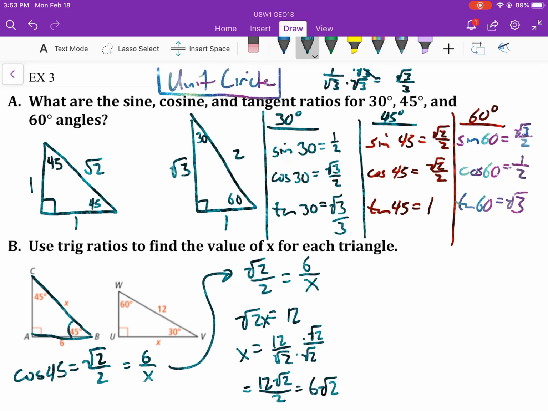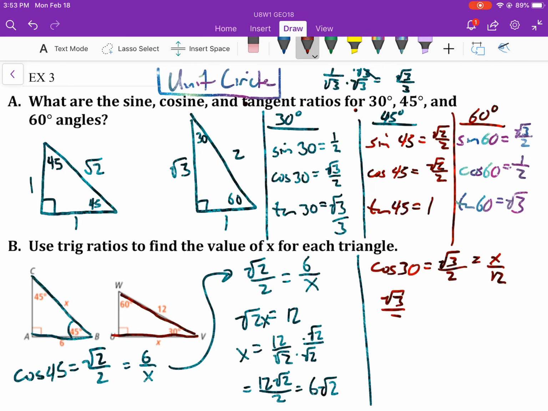Silly. Let's keep with the vein though. Just keep doing it with trig functions. We have an adjacent and hypotenuse. Let's use cosine again. Cosine of 30 is equal to square root of 3 over 2. And it's also equal here to x over 12.